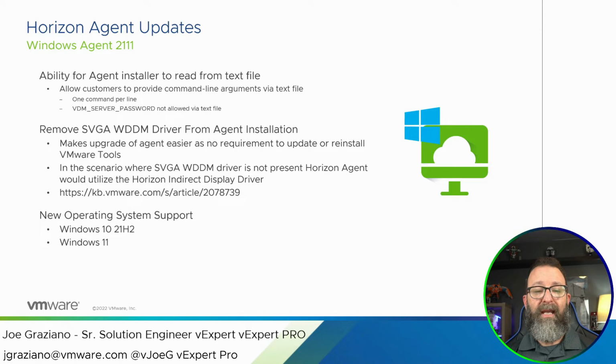So in other words, you're now getting your SVGA driver from VMware Tools. And you can see here, screenshot it if you want, there's a KB article that talks about the SVGA drivers not present in the Horizon agent, which could cause some problems. But again, check out that KB article. And Windows 10, 21H2, and Windows 11 support are now included.